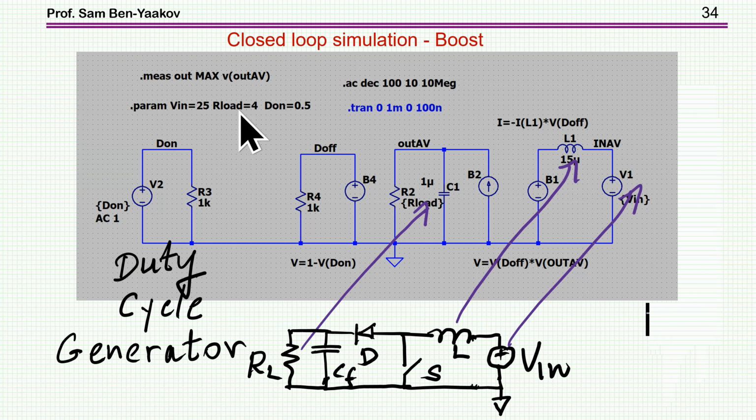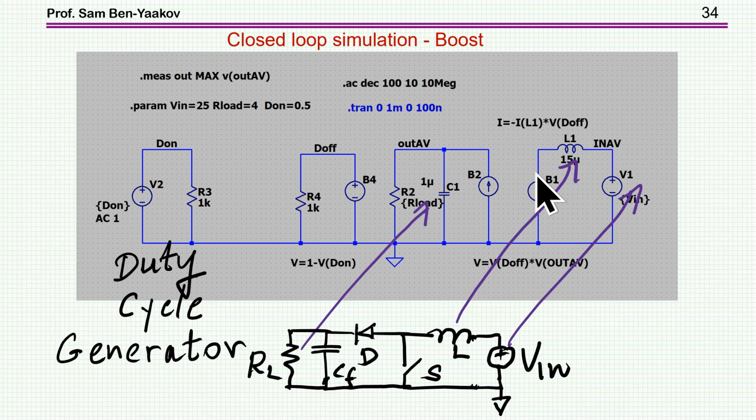What about closed loop simulation? So here is an example of a boost. I've constructed here the model in a less formal way, knowing that what I have to do is just the average voltage on the inductor. So I have on one side V in, okay, and then on the other side I have D off times V out.